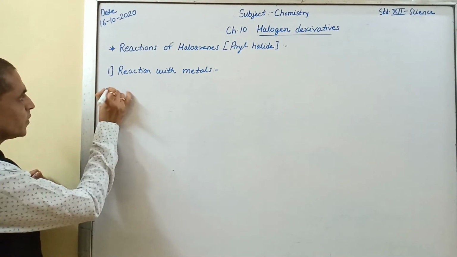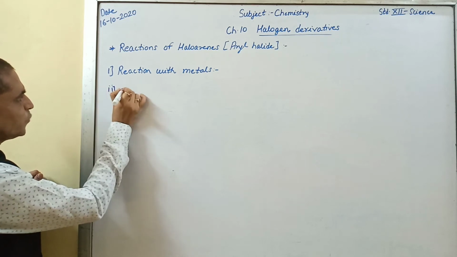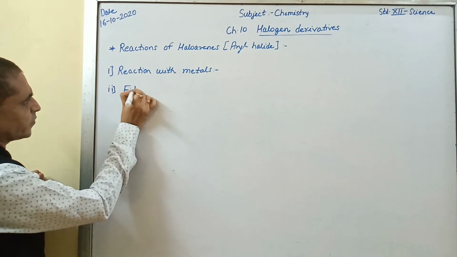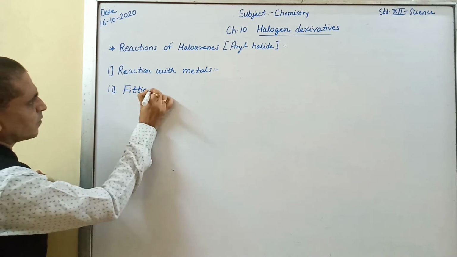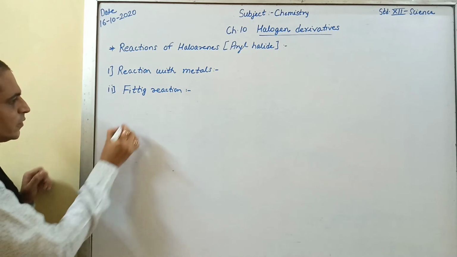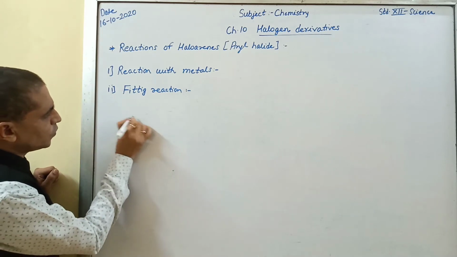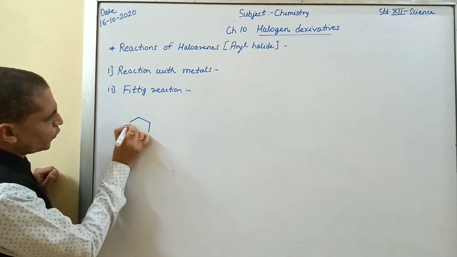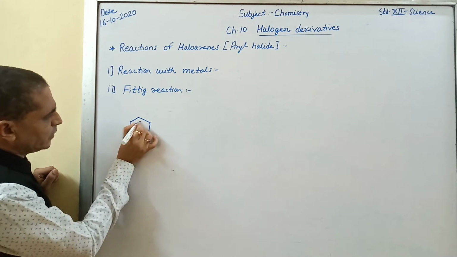Now see the second reaction, that is the Fittig reaction. Here we have to take two molecules of aryl halide.